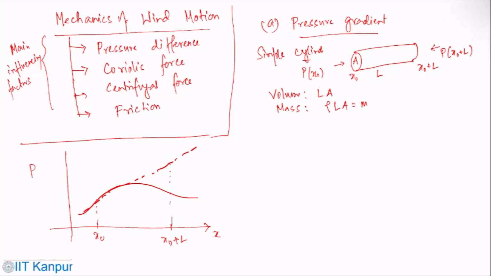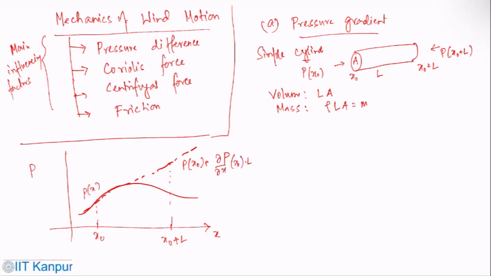So this is the P-x curve. At this location, it would be P x naught plus del P by del x at x naught into it.